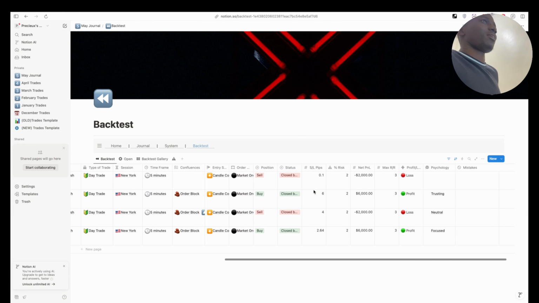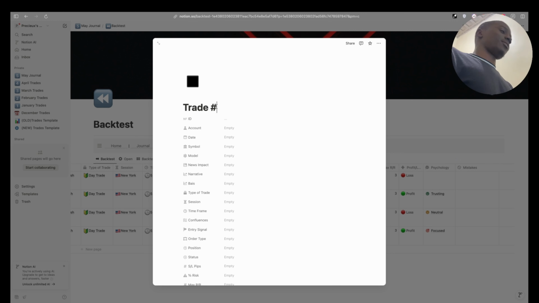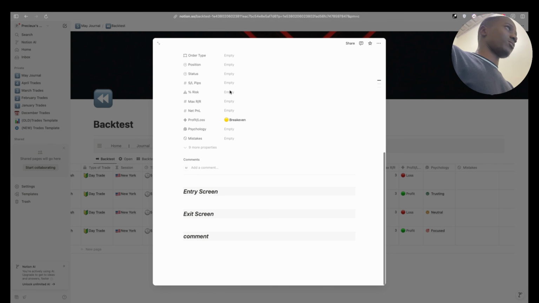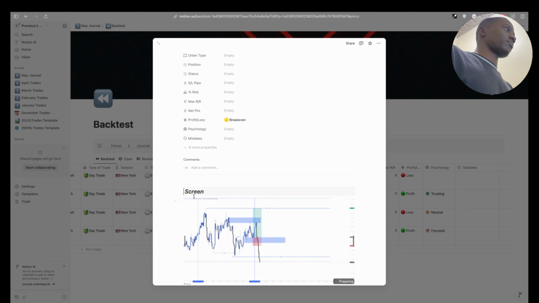This is actually making the journal look very, very red. Anyway, so let's start with the first one. This one, there's the one we took a screenshot of, which is this one. Okay, so mistakes on this trade.